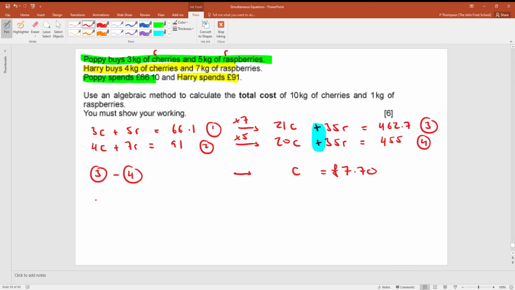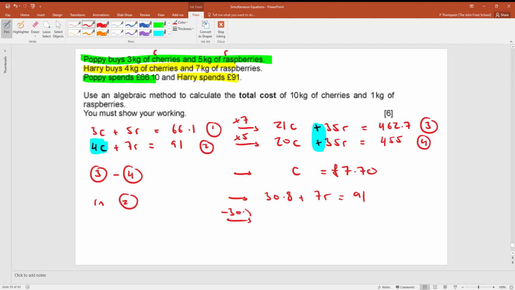Maybe then I'll put it into, well, they're both quite nice. I'll put it into equation 2, mainly because it's a whole number. Into equation 2. And now see, 4 times C is 4 times 7.7, which is 30.8, plus 7R equals 91.